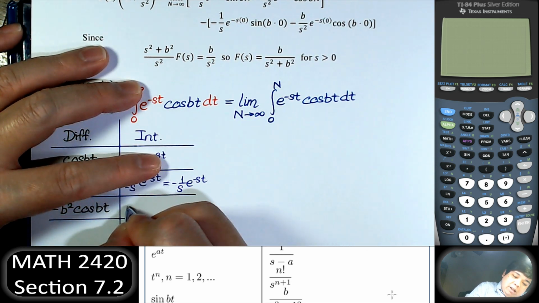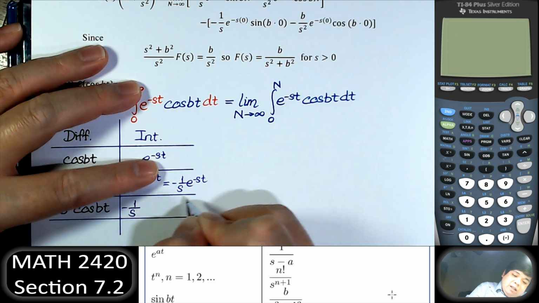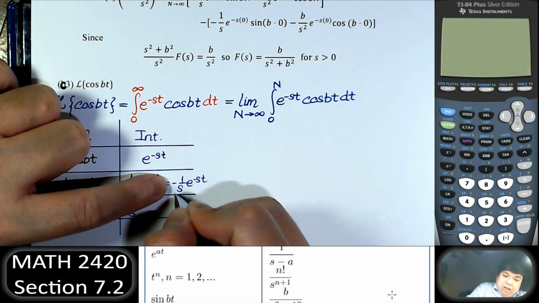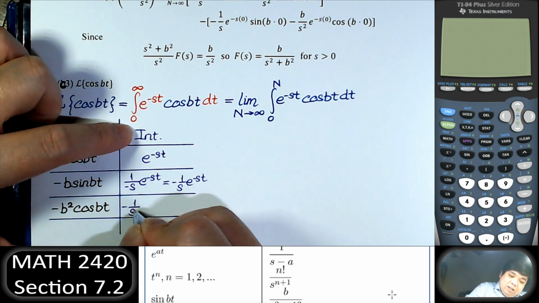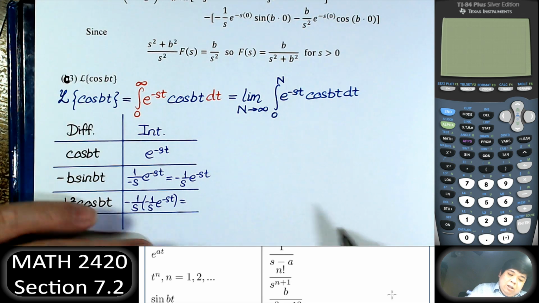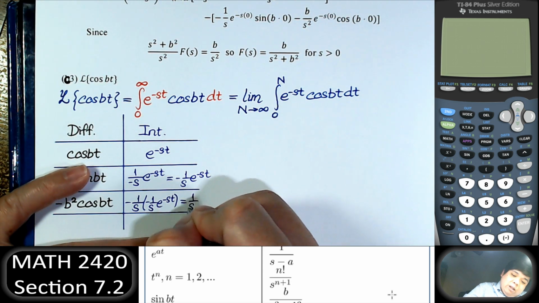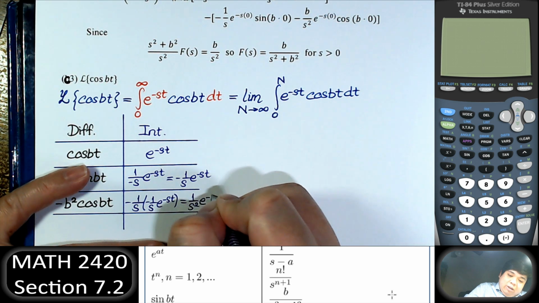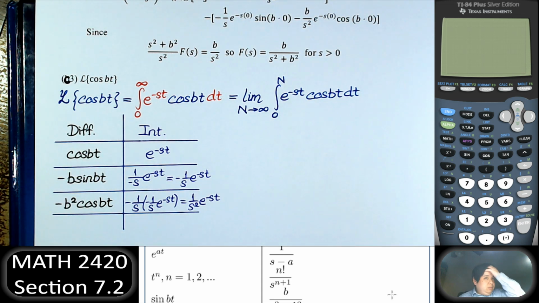From here we have negative 1 over s, and integrating again gives 1 over s squared e to negative st. Derivative and integral. Next, integration by parts.